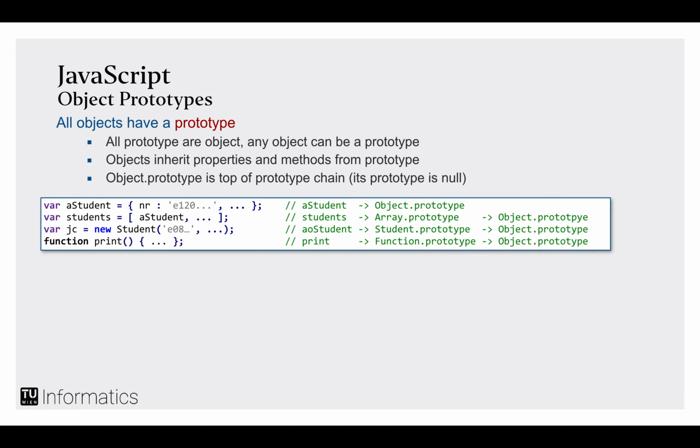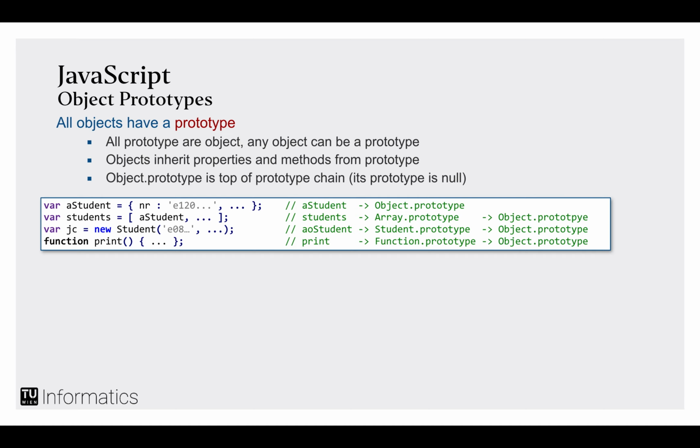I just want to mention it in general, that all objects in JavaScript have a prototype. And what the prototype is, is it allows for your objects to have an underlying inheritance structure. So if you look at the examples down below, everything inherits from this object prototype.